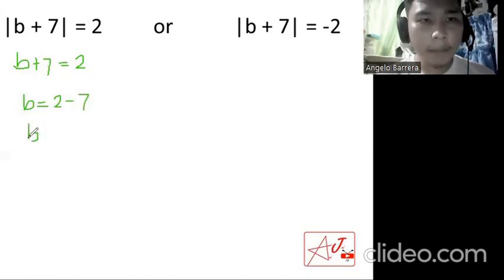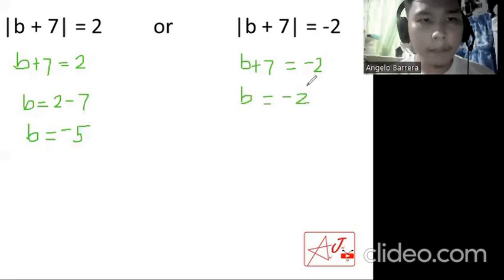And then, simplify lang natin. So 2 minus 7 is negative 5. Ayan. And for this one, so magiging b plus 7, which is equal to negative 2. So just like what we did in this example, gagawin din natin yon. So b is equal to negative 2.